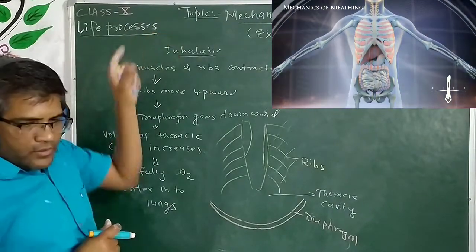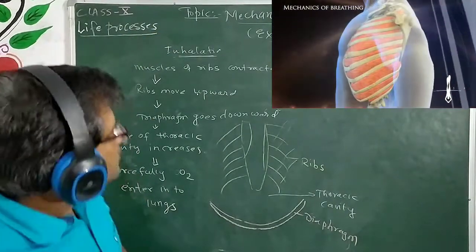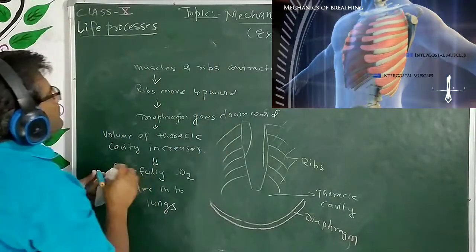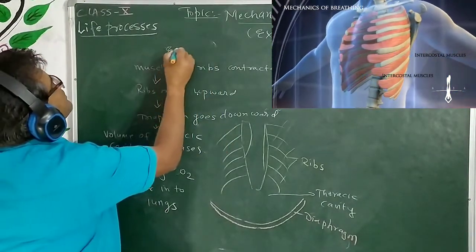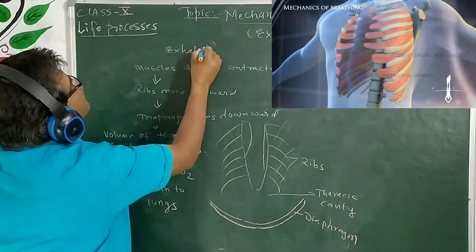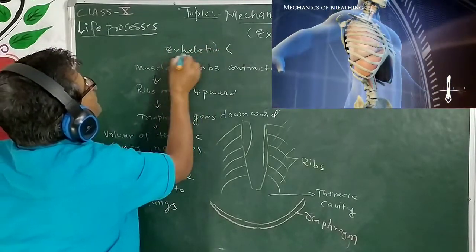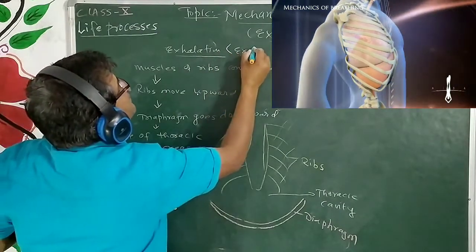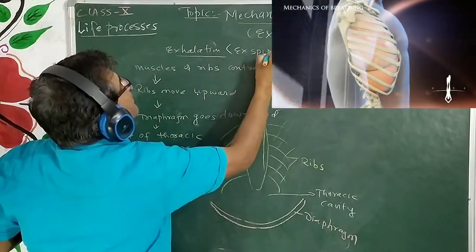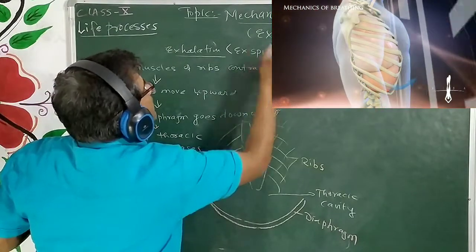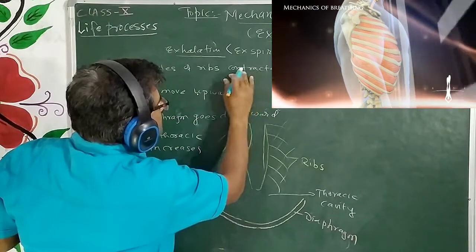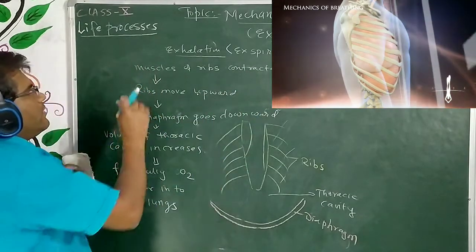Just the opposite to this, another process is exhalation, also known as expiration. In this case, what happens? The muscles of the ribs relax instead of contracting.